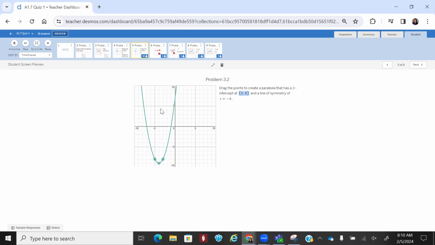So we have an x value of -4, and then it's going to pass through 0, 6. Does everybody see how I did that? Line of symmetry tells me where my x value is for my vertex. Now you could have done it the other way around and flipped it upside down, but this is one of your answers. Go ahead and continue.